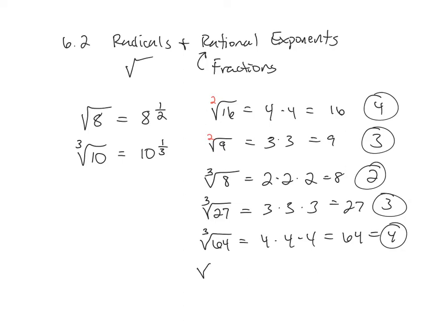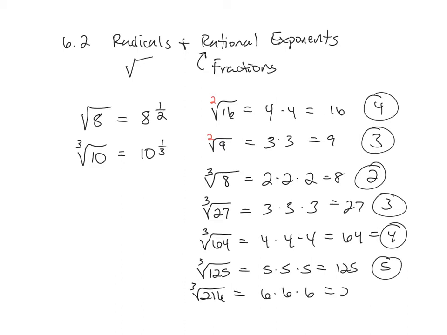I'll give you 2 more. 5 times 5 is 25. Times 5 is 125. So the third root or cubed root of 125 is 5. And the last one is 216, would be 6 times 6 times 6.